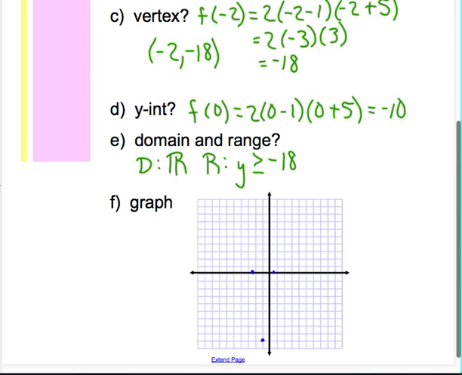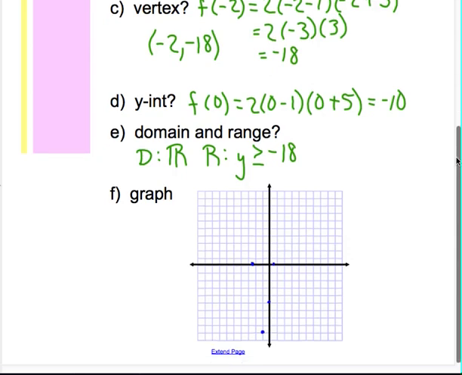My y-intercept at 0, negative 10. And I can reflect that across the axis of symmetry to get another ordered pair. Here's my axis of symmetry. So I'm going to flip that across the axis of symmetry.